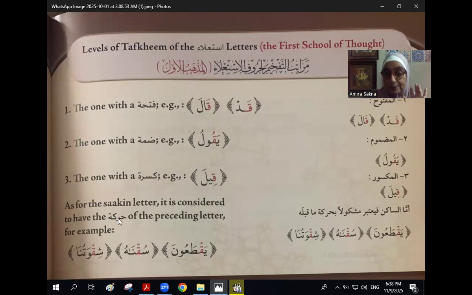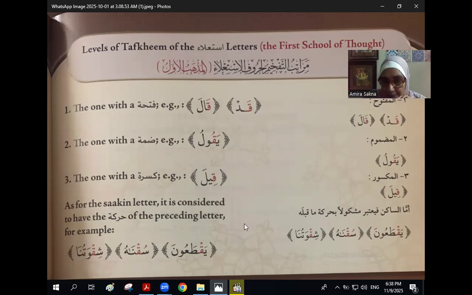Third level, the one with kasra, qil. So the mufakham letter with kasra has the least degree of tafkhim. As for the sukoon, it is considered to have the haraka or the short vowel of the preceding letter.